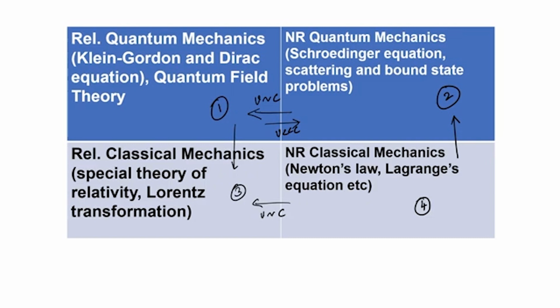Similarly, non-relativistic quantum mechanics can go to non-relativistic classical mechanics when h cross is low, and this is possible again when v is much smaller than c. v is the speed of the particle, and c is the speed of light. So, we are really going to talk about relativistic quantum mechanics, namely the Klein-Gordon and the Dirac equations.